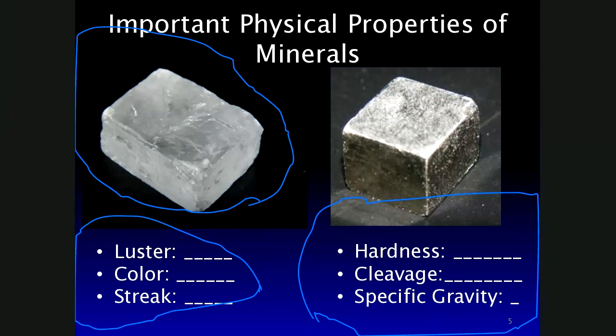For example, when a toy car bumps into the wall, the toy car will abrade the gypsum board. Because gypsum board is soft, it gets abraded, right? So using friction, we can try to abrade materials one with the other. The higher the power of the mineral to withstand abrasion, the harder the mineral is.